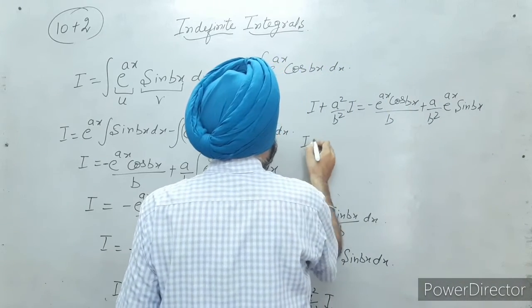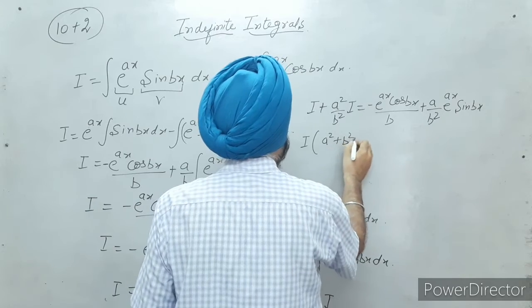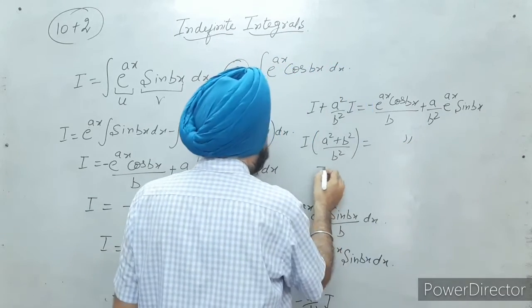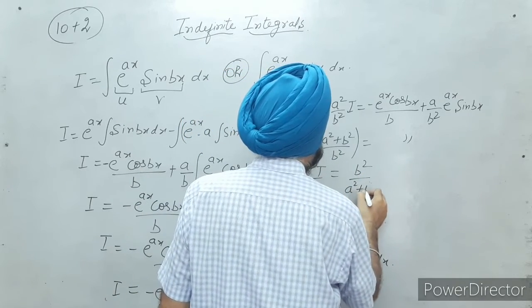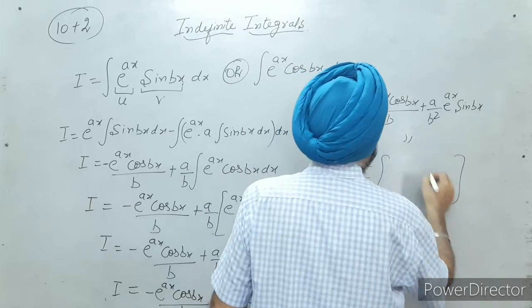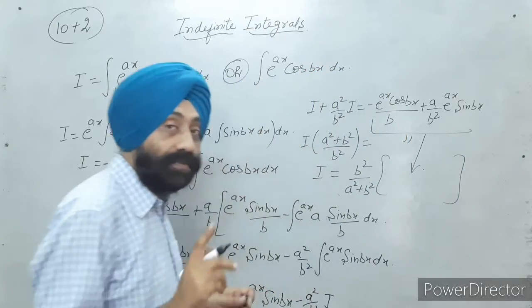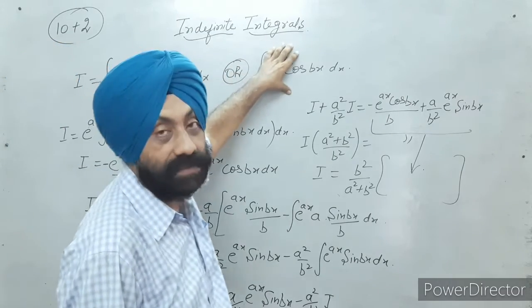I is common, so I get b square plus a square, I can write like this, upon b square equals this whole expression. So I value is b square upon a square plus b square into this expression over here.